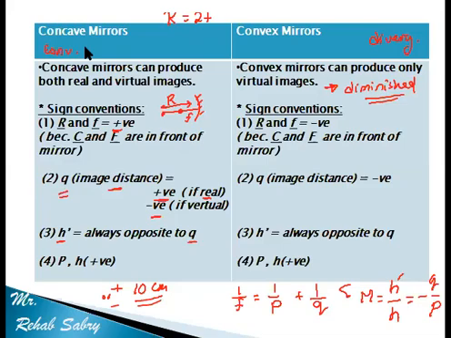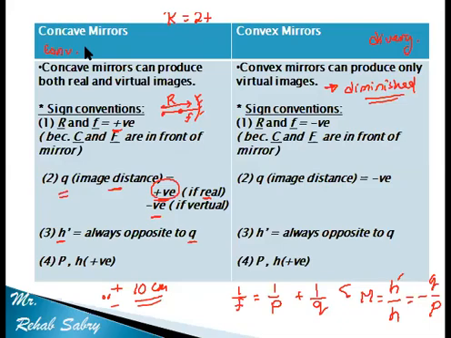What does it mean? For example, if Q is positive, that means it's real. Real means it's upside down, so it's inverted. So H dash will be negative.